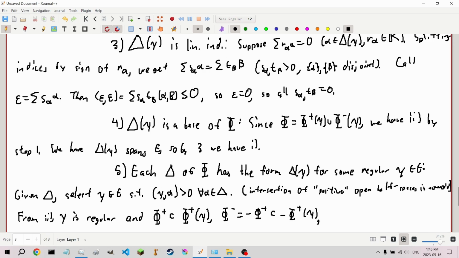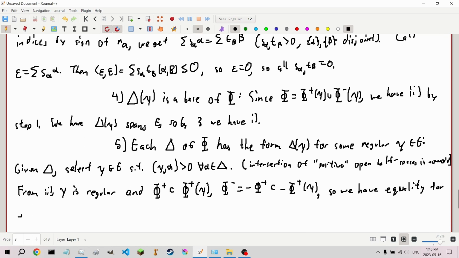So we have actually equality for each instance.